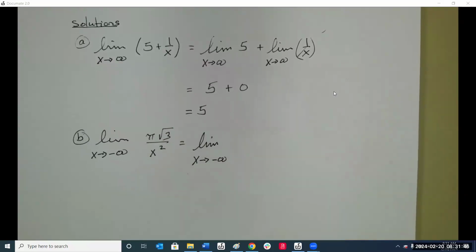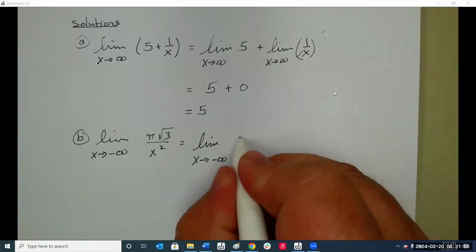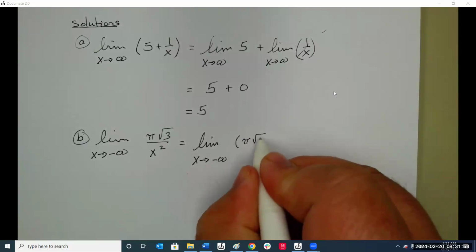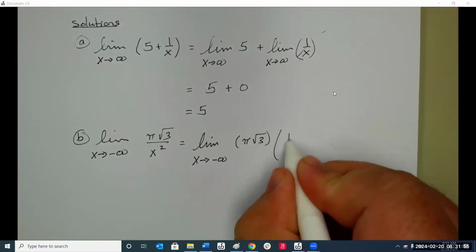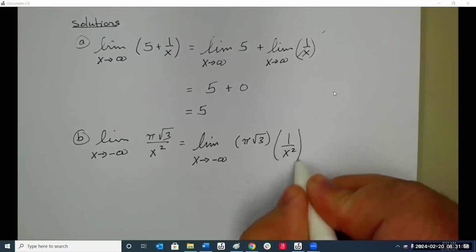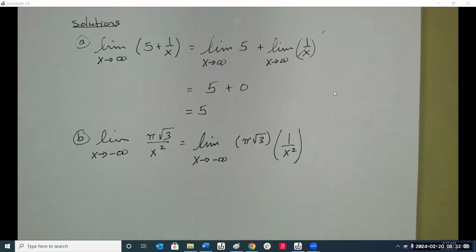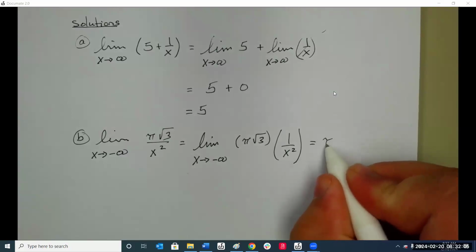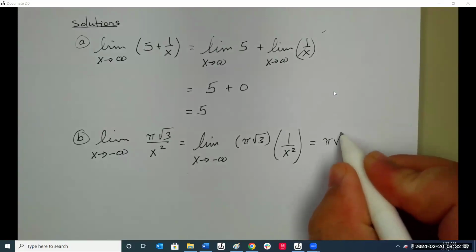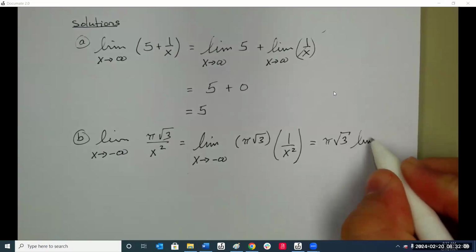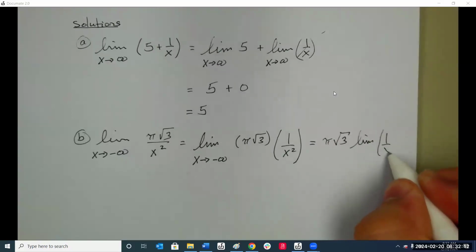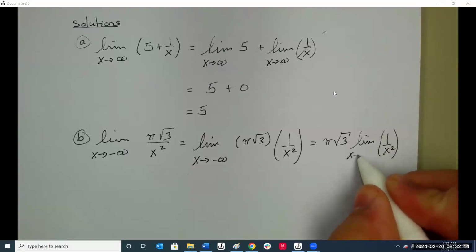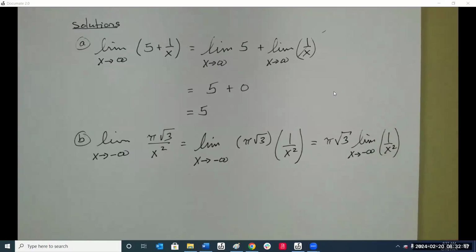Does the numerator have an x value in it? No, it's a constant. So what we have here is a constant multiple, because there are no x values in the top.